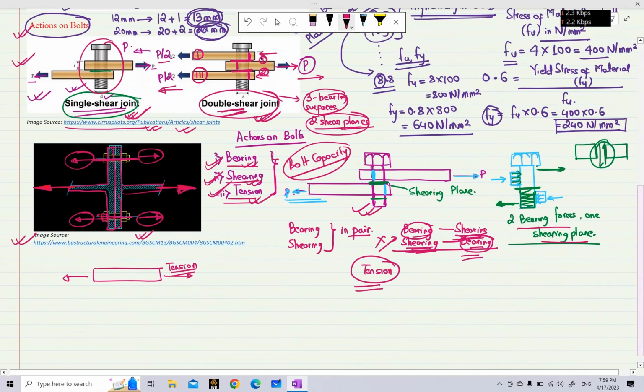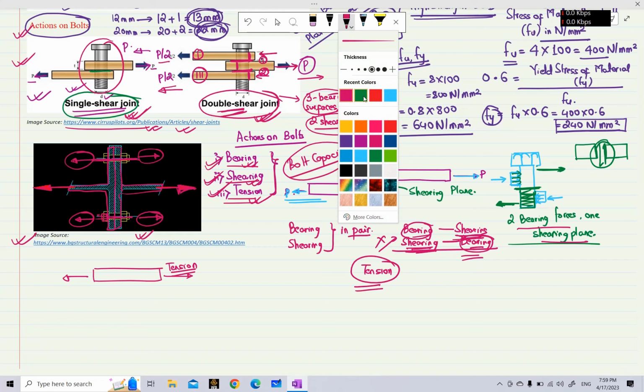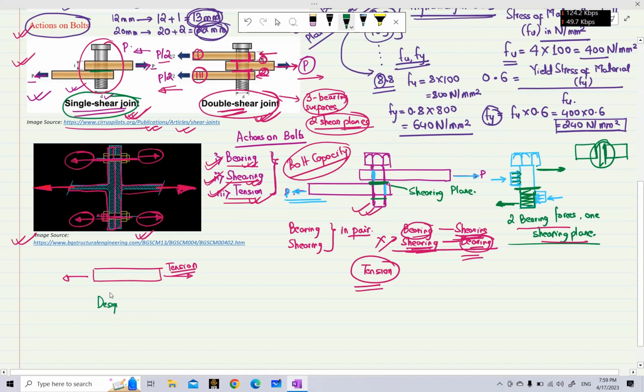Before ending today's lecture, let me say one thing. You may already know this, in design of steel structures, we already discussed in our first lecture that connections are probably the most important part. So in our design of steel structures, which do we design first?